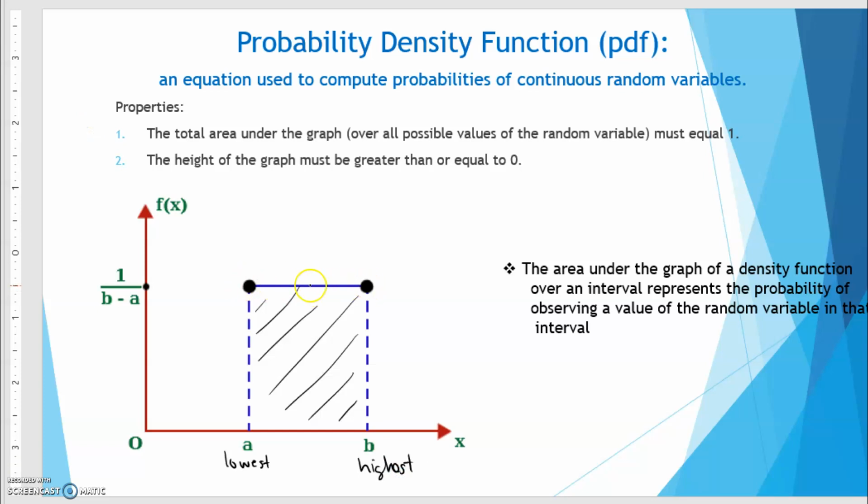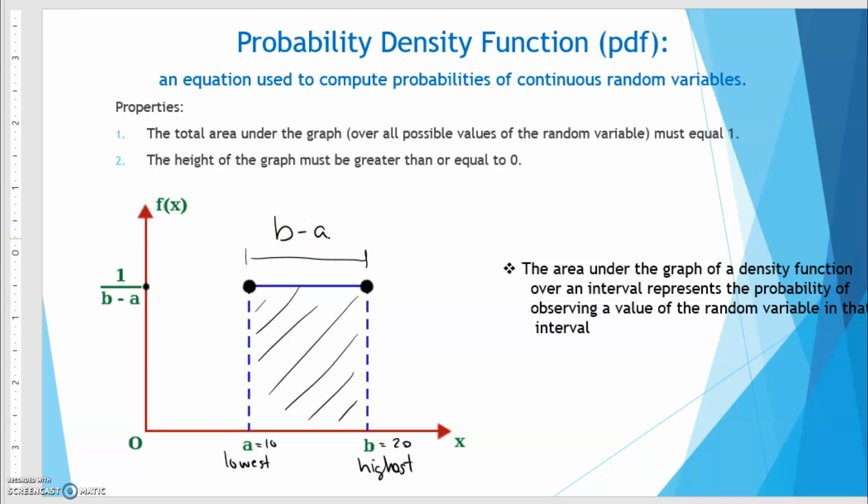To get the height of this rectangle, it's going to be 1 over B minus A. Remember, B is the highest number, A is the lowest number. So if this happened to be 10 and 20, to get the distance between those two, you would take 20 minus 10. Or we're just going to say B minus A.